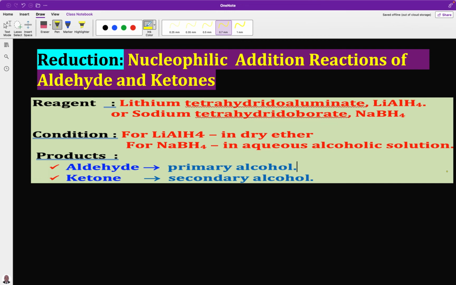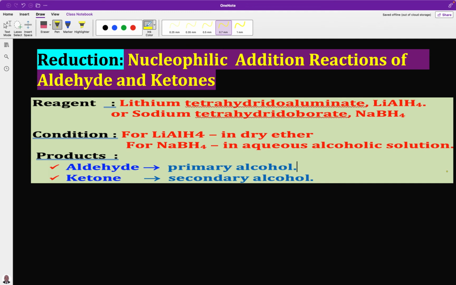In oxidation, we were preparing aldehydes from primary alcohols. In oxidation, we were preparing ketones from secondary alcohol. On the other hand, reduction.